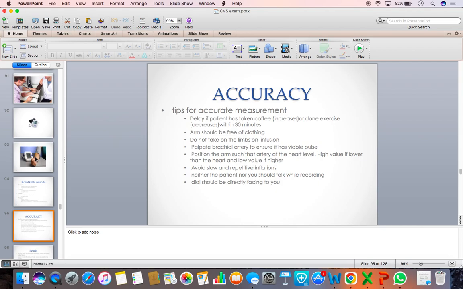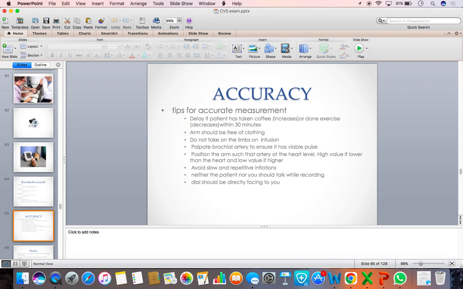The duration following the exercise should not be within 30 minutes. It should be after 30 minutes. Say after taking coffee or after doing the exercise, you record the blood pressure with a gap of 30 minutes.